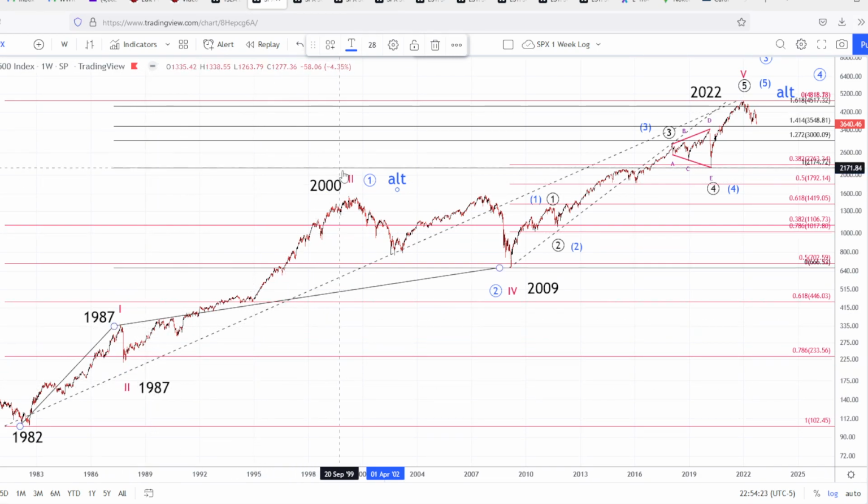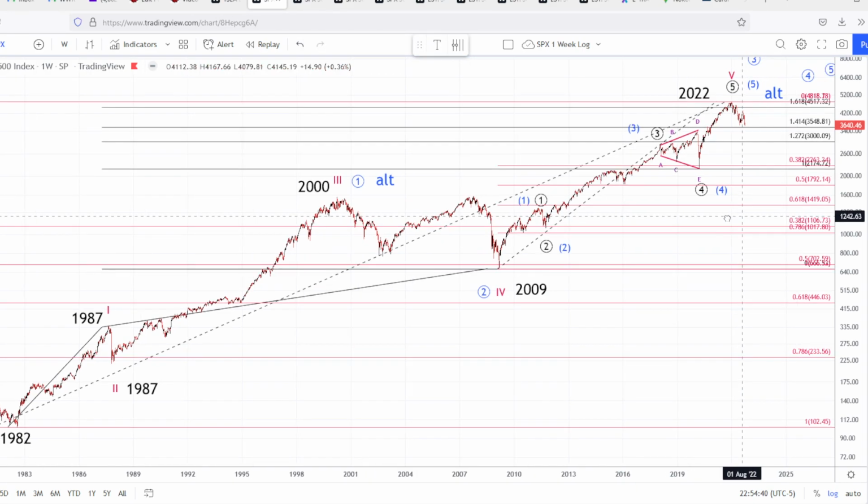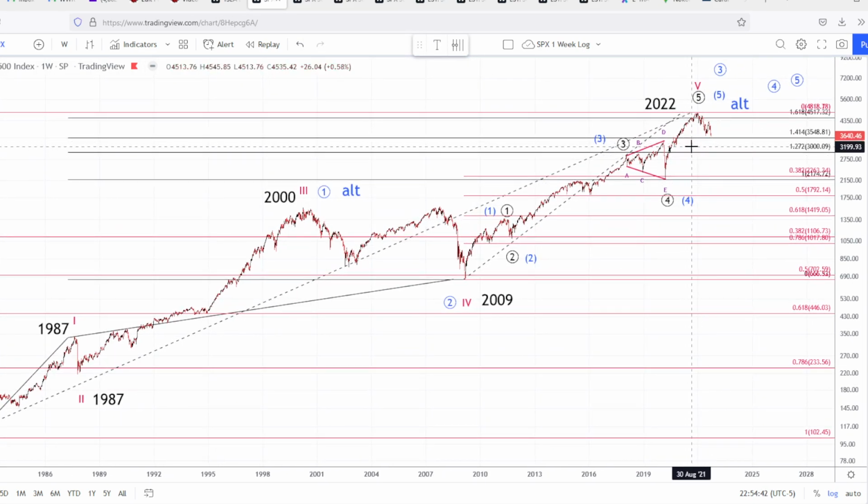We have a wave 3 up at 2000 high and a wave 4 down at the 2009 low. I used to think that was 2 separate corrections, but it looks just like, anyway, a 2. And then from there we have 1, 2, 3, 4, 5 into the 2022 high for wave 5 up. Our primary count counts it as a 5. The alternate counts it as a 3.